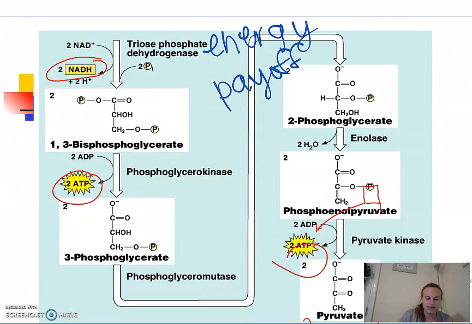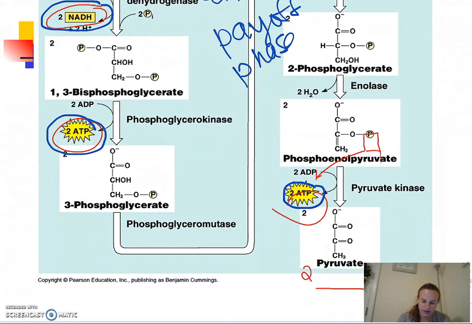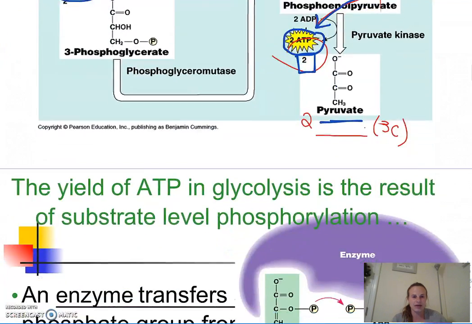Moving on to the energy payoff phase, now I can see that I have made 2 NADHs, I have made 2 ATPs, and I make another 2 ATPs, and I end up with 2 pyruvates, 2 3-carbon sugars. This is known as substrate level phosphorylation, because a phosphate is taken right off of a substrate and given to ADP to produce ATP.